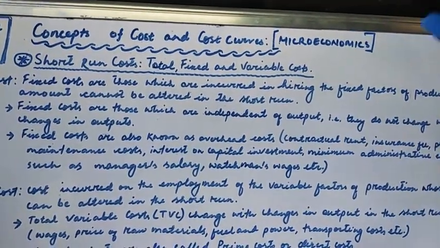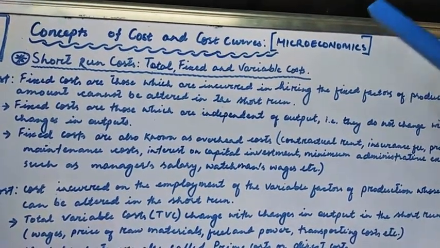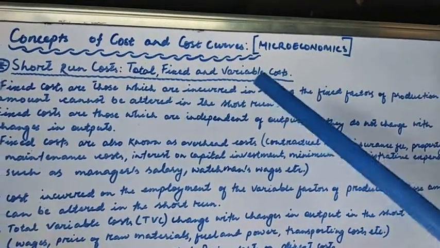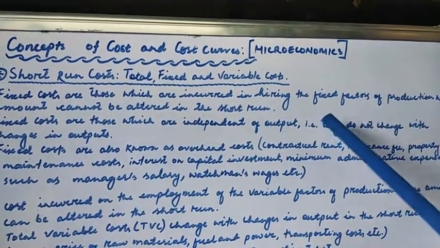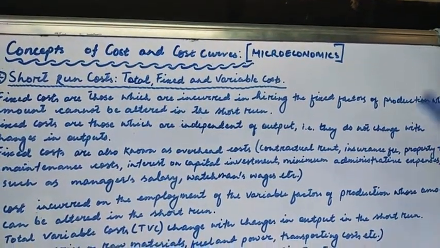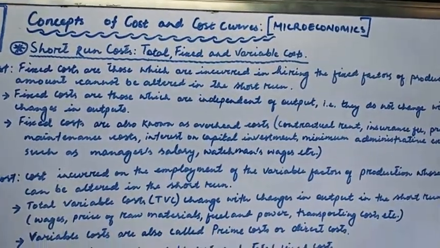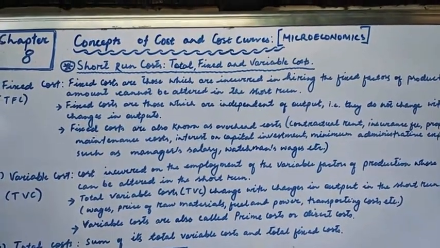Even if there is an increase or decrease in the output, this fixed cost will remain constant, because this is the cost incurred in hiring these fixed factors of production which remain constant and cannot change in the short run. So that is all about fixed cost.